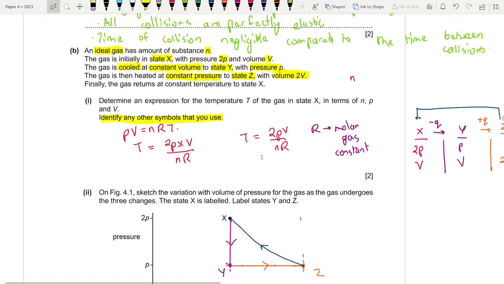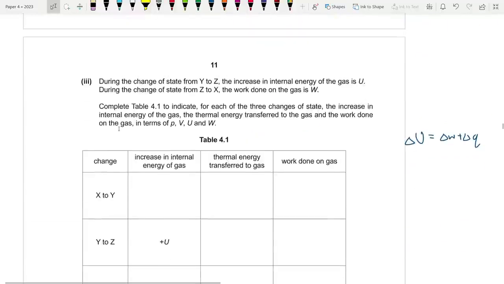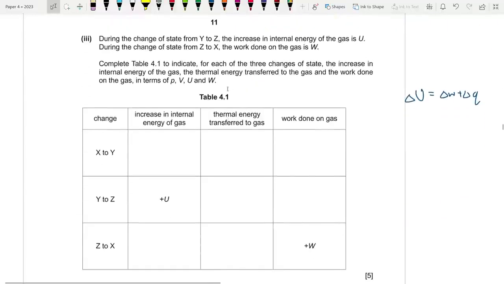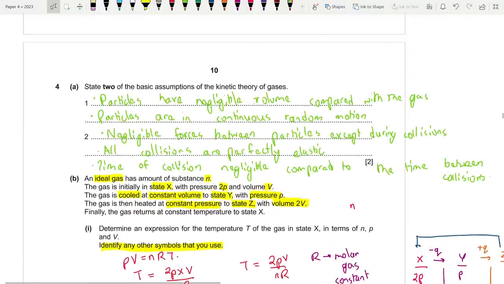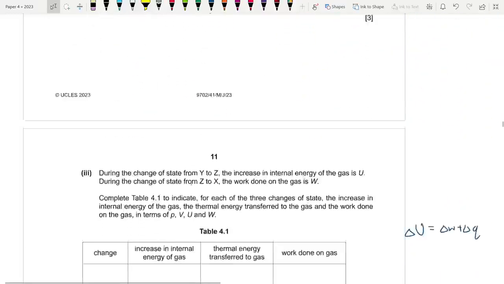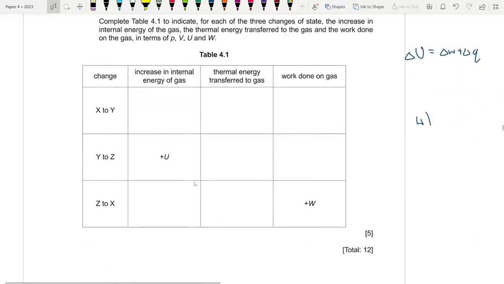So we know that from x to y, the gas is cooled. Since it is cooled, there will be a loss of thermal energy. However, the change occurred at constant volume. You guys know the formula of work done by a gas.